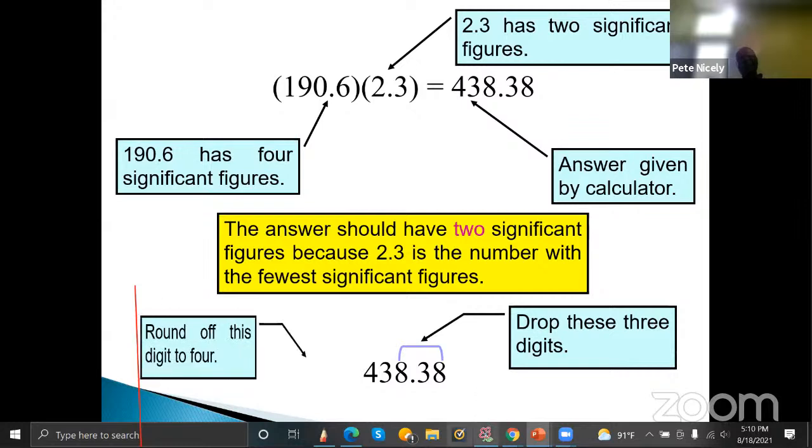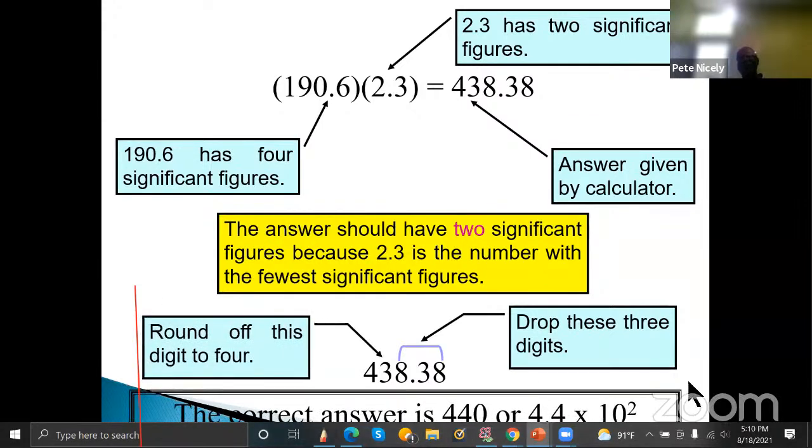So the final answer is going to be 440, because we have to drop the 8, the 3, and the 8. This 0 here is simply a placeholder. So the final answer would be 440, or if you prefer to express it in scientific notation, it's 4.4 times 10 to the 2.